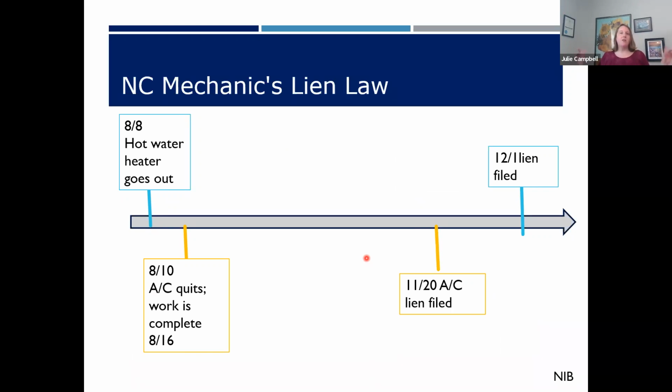I would like you guys to tell me in a private chat, so you don't give the answer away to everybody. Tell me in a private chat, who is going to get paid first, water or AC? Who is going to get paid first?